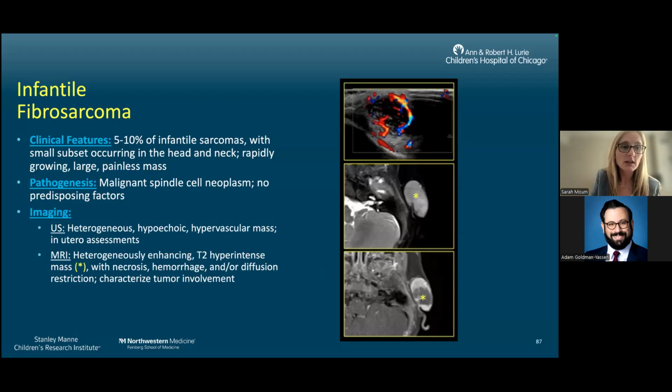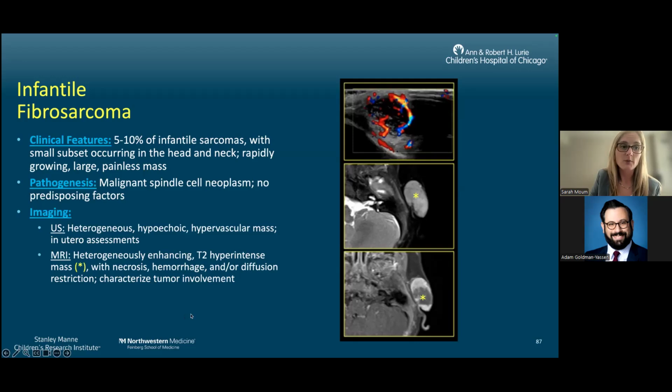On imaging, you'll see a heterogeneous, hypoechoic, hypervascular mass by ultrasound, and sometimes these can be picked up during prenatal assessments when large. On MRI, you'll see a heterogeneously enhancing, T2 hyperintense mass, and there's usually associated necrosis, which is pointed out by the asterisks in the lower image.